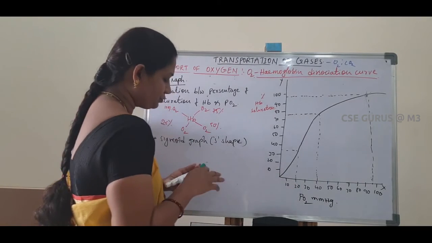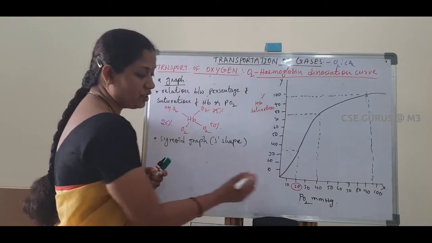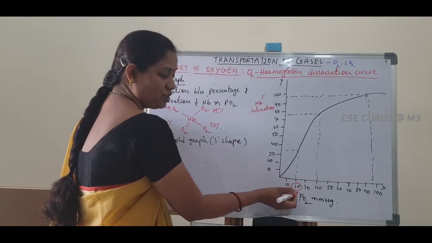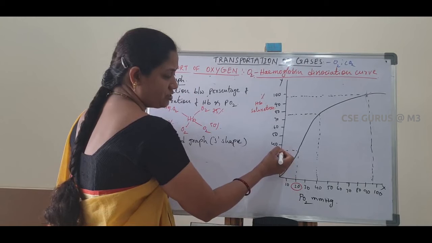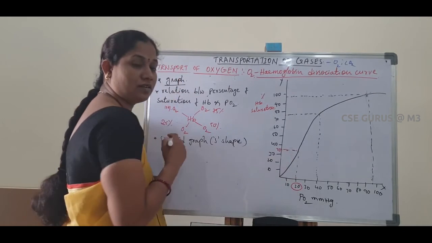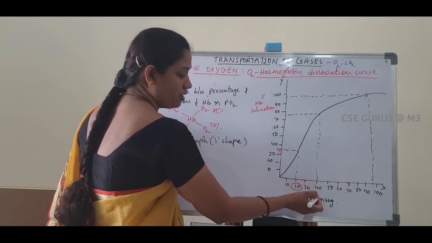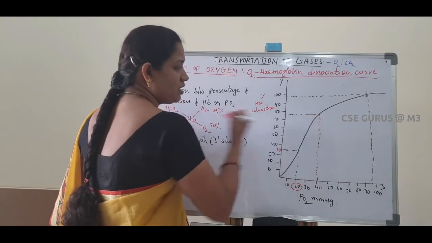For example, at 20 mmHg of partial pressure of oxygen, how much is saturated? 30 to 35%. Next, at 40 mmHg of partial pressure, it is increased.